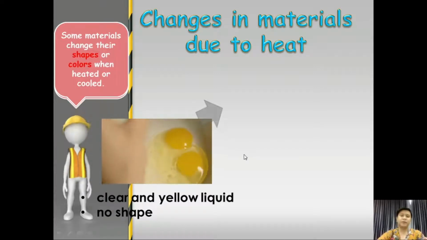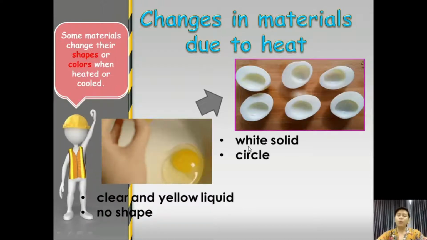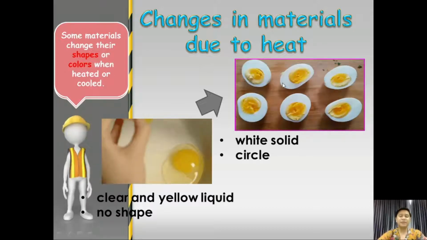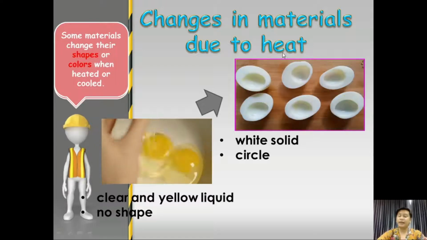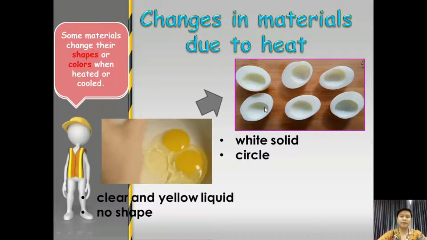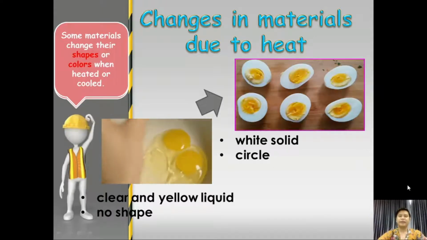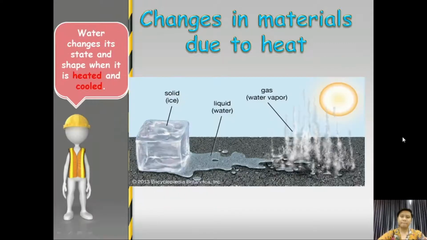But when heated, or when we cook the egg, it will become white and solid. And what shape is it? Circle. Due to heat. So, when we boil it, what color is it? White. And what shape is it? Circle.